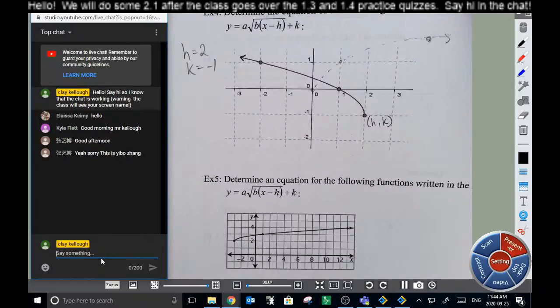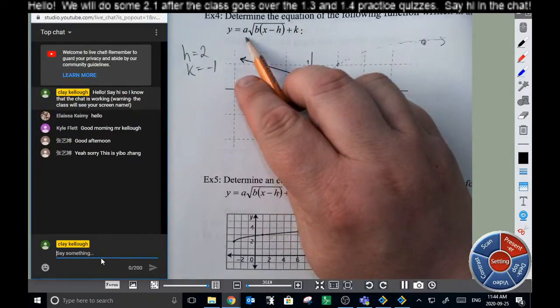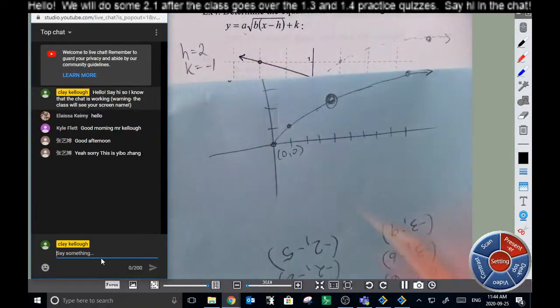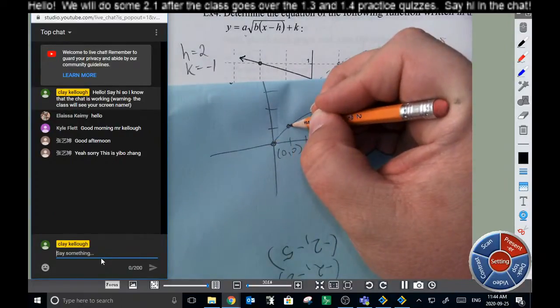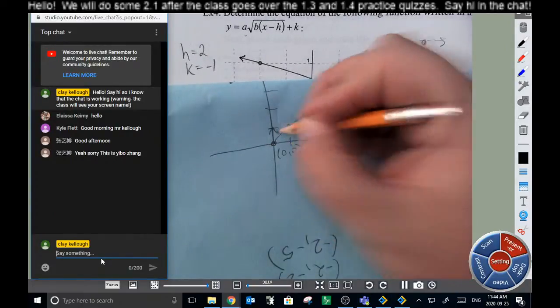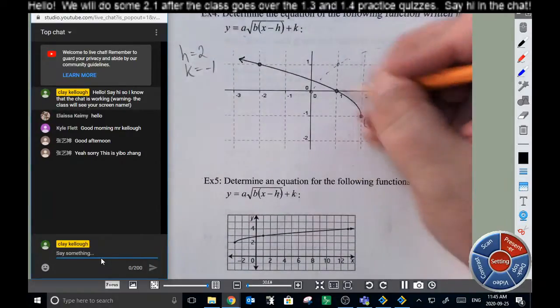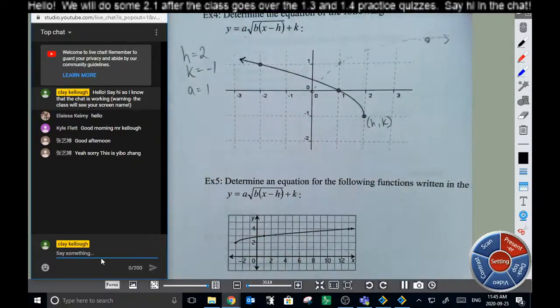Okay, now how do I find the vertical stretch? Well, here's what I know. On my parent function, vertically, from this first whole numbered point to that one, it's a vertical travel of 1 unit. How far do I have to go from this point to this point? 1 unit. There's no stretching going on.